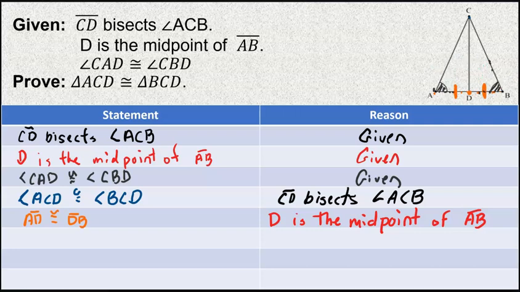So if I didn't use the angle bisector and I just used the midpoint and the given angles, or vice versa, I would be in a peculiar situation, because I would have had to use a reflexive side.